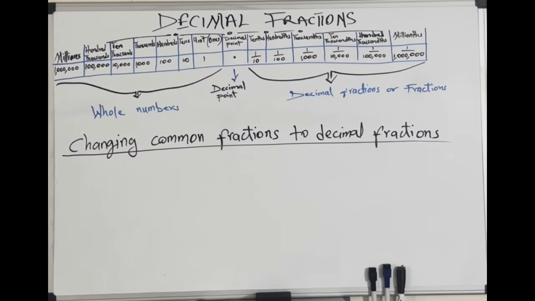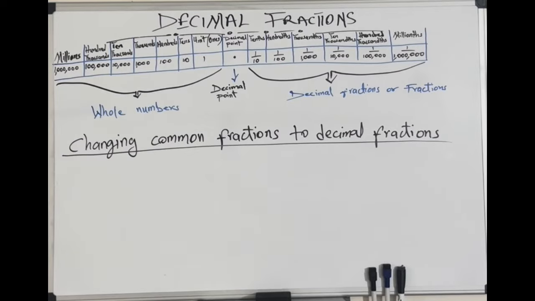Now we move from changing common fractions to decimal fractions. So to change a fraction to a decimal, we divide the numerator by the denominator using the long division method. You can just use the calculator if you are timed.